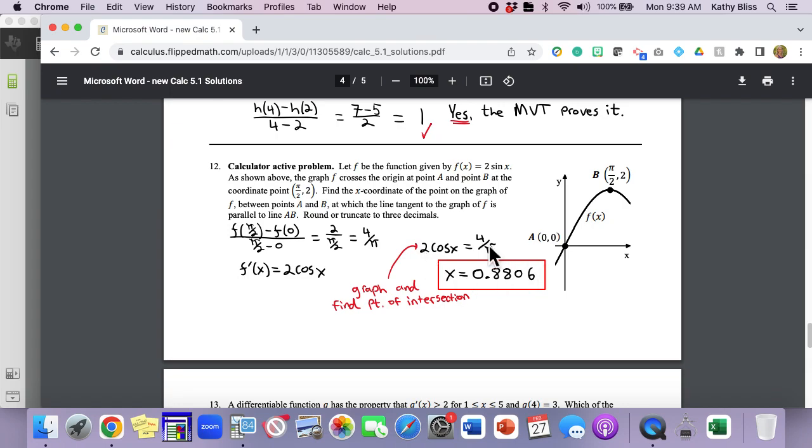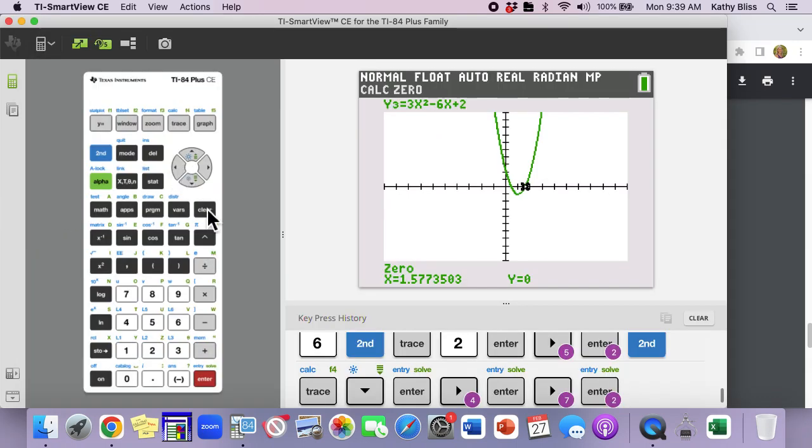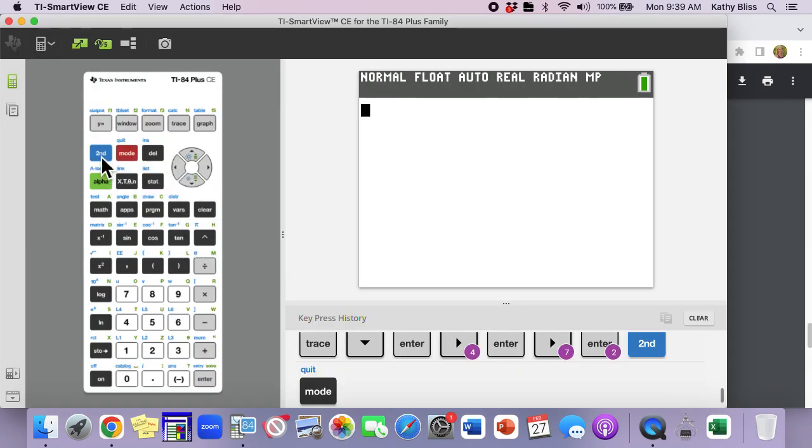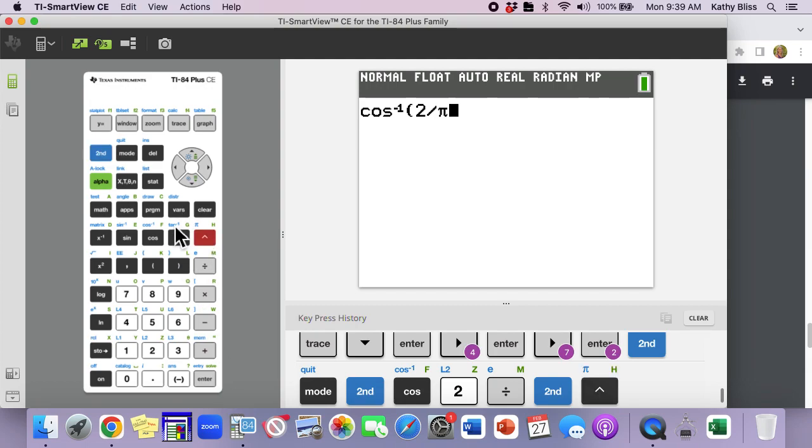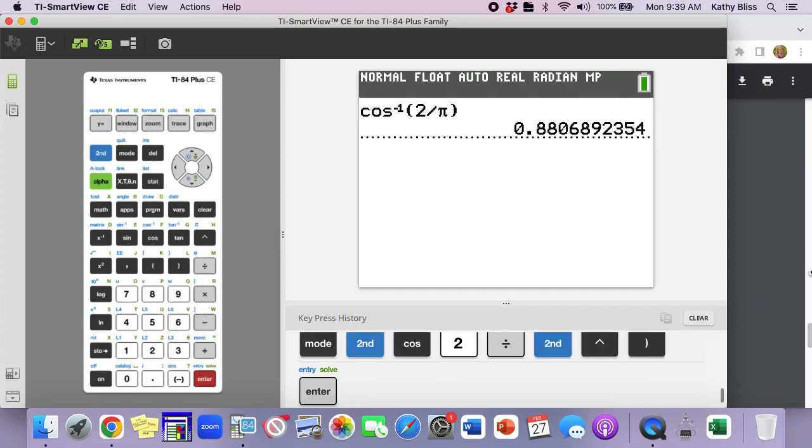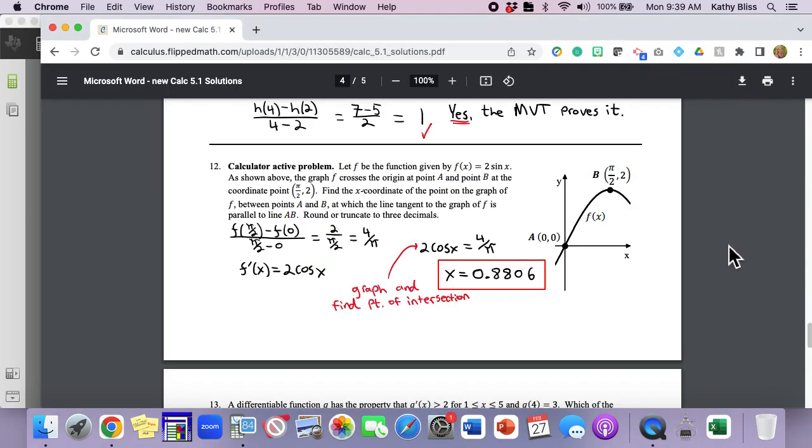If you divided both sides by 2 and got cosine x equals 1 over pi, you could have done second cosine inverse of 2 over pi, then 2 divided by second pi and closed your parenthesis, and that would have given you 0.8806. In my opinion, that's the easiest way, because you're looking for the angle whose cosine is 2 over pi.